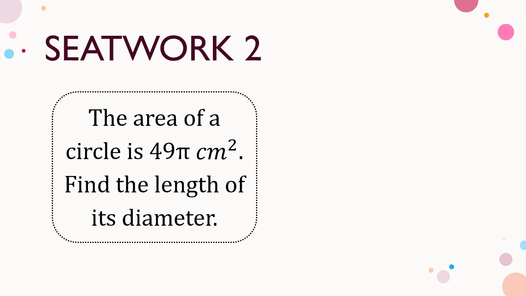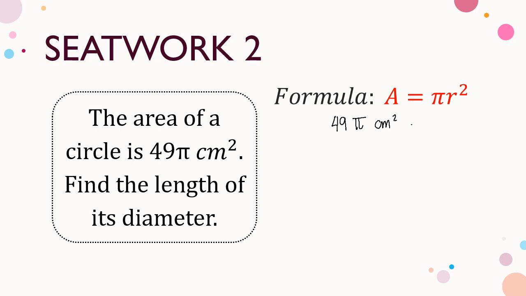What if, in our next activity, the area is already given and we are supposed to find the length of its diameter? Of course, let us still make use of our formula. Substituting, the area is 49 pi centimeters squared, so we have pi r squared.